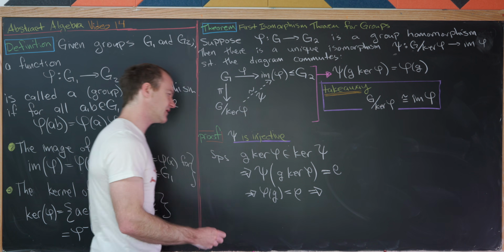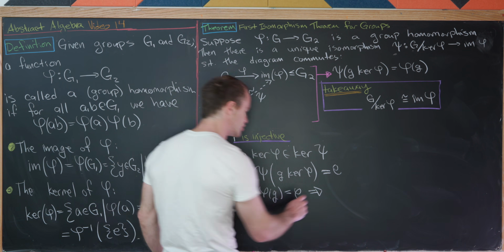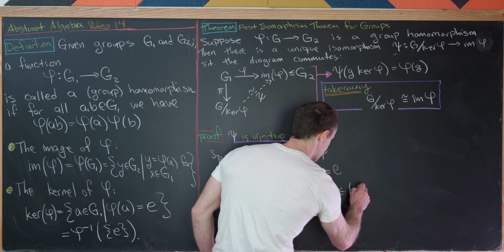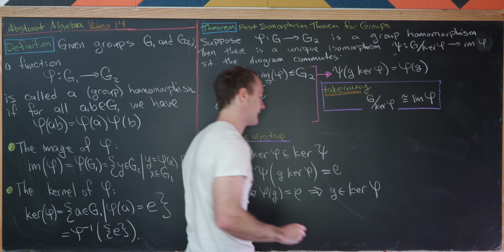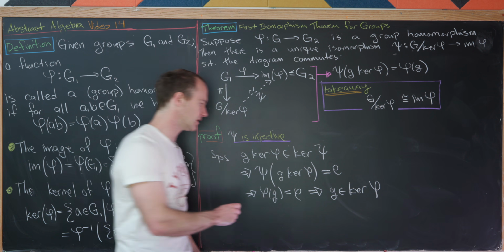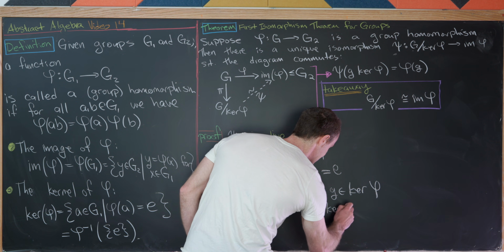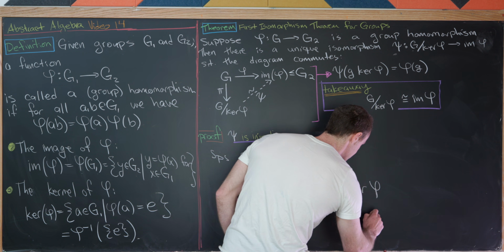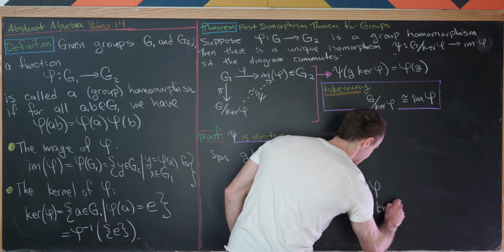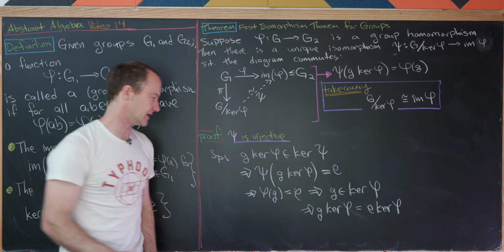But that's exactly the condition for g to be inside of the kernel of φ. Oh, but if g is inside of the kernel of φ, then that means the coset connected to g is equal to the coset connected to the identity.